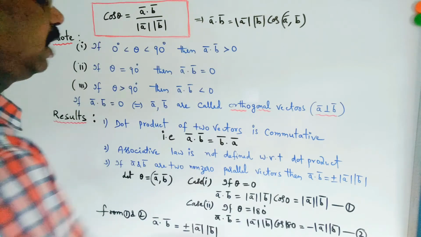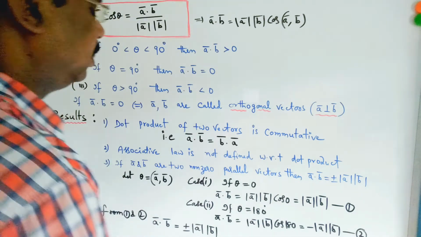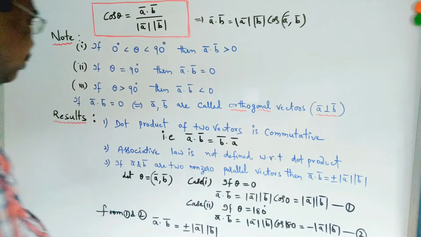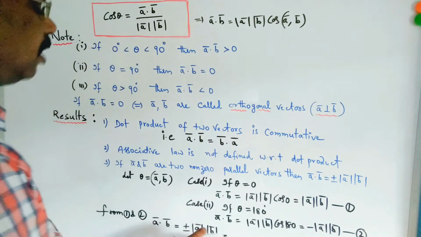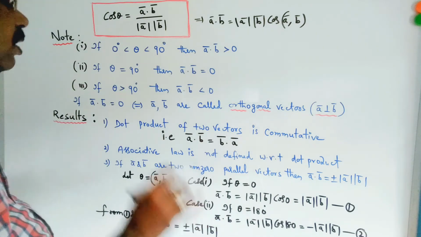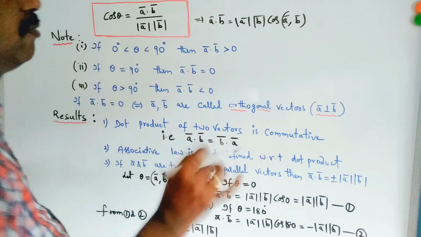Cos 180 value is minus 1, so this value is minus of mod A mod B. Now from equations 1 and 2, A dot B is equal to plus or minus mod A bar mod B bar, when A bar, B bar are two non-zero parallel vectors.